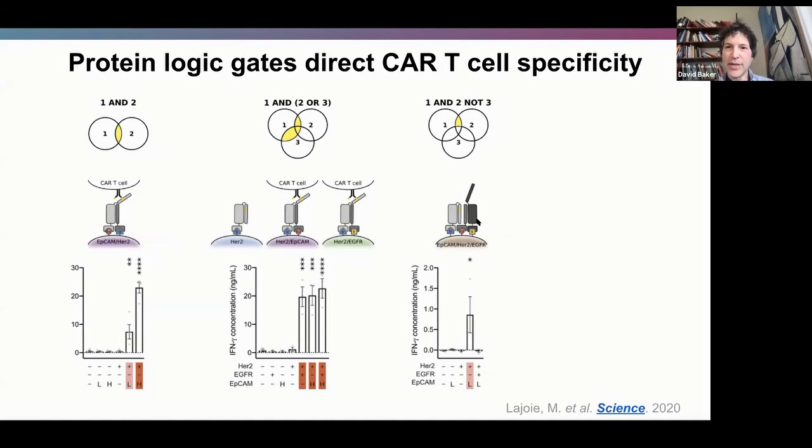And then we take a third design, which actually sequesters one of those two switching components required for switching and direct it at the healthy cell marker. And if we do that, then we only get CAR T cell recruitment and activation when in the presence of cells that have the two tumor cell markers, but not the healthy cell marker. So that's here.